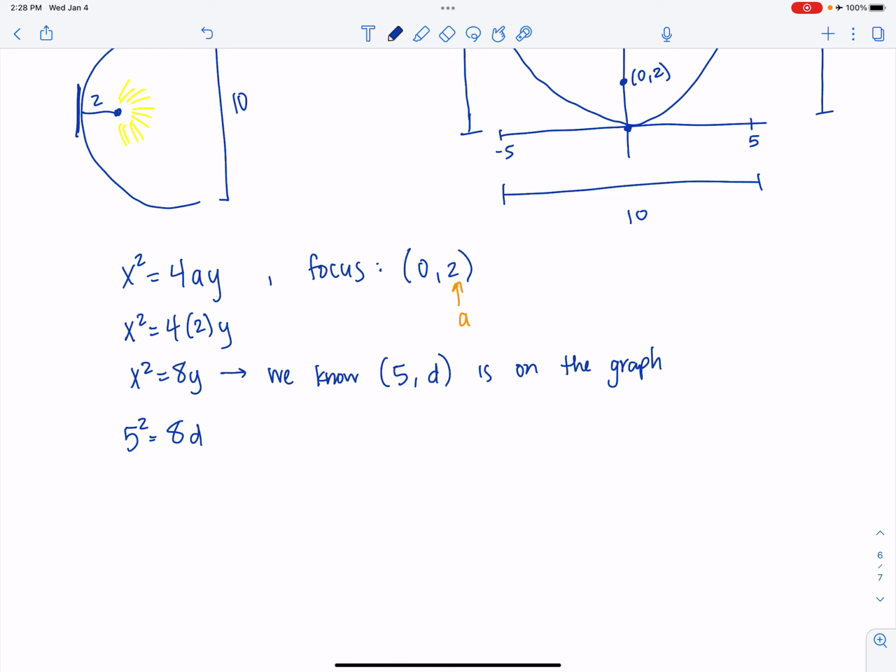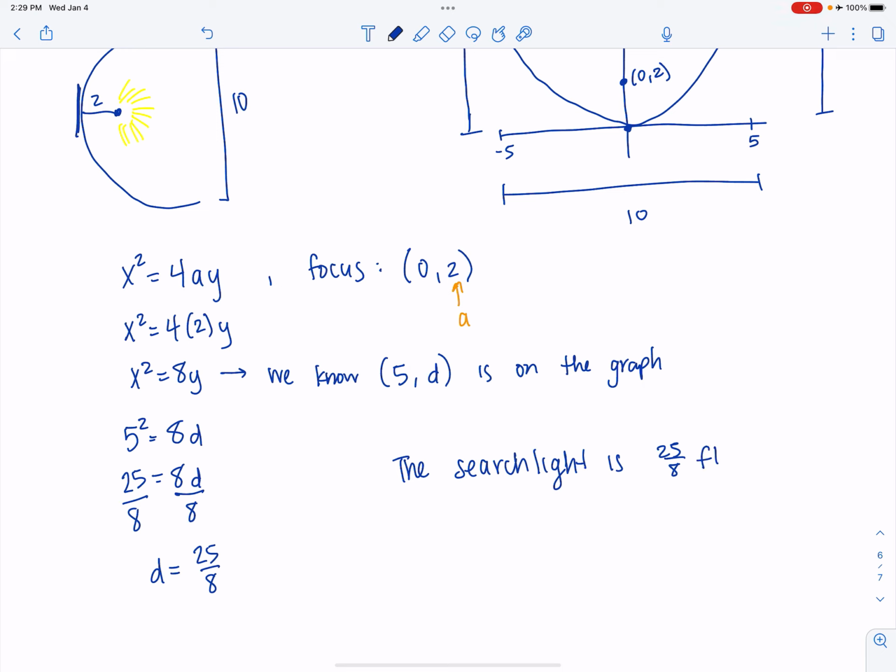And this is exactly how we can solve for that missing variable. So we have 25 equals 8 times d. So if we divide by 8, we get 25 over 8. So the searchlight is 25 over 8 feet deep.